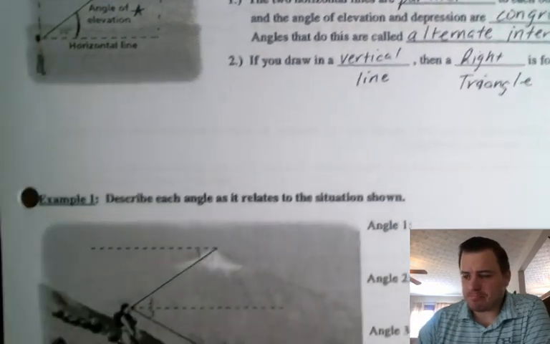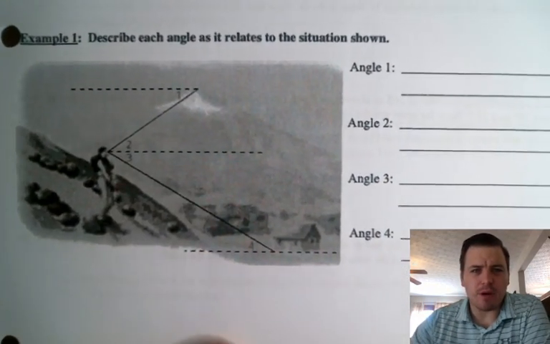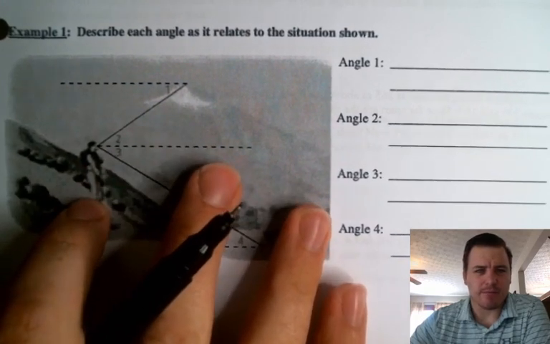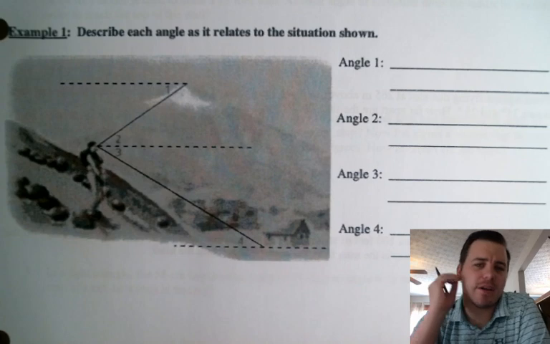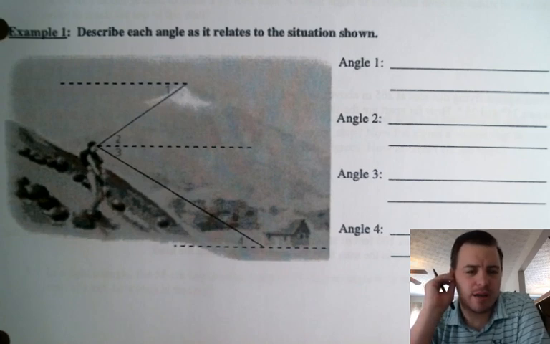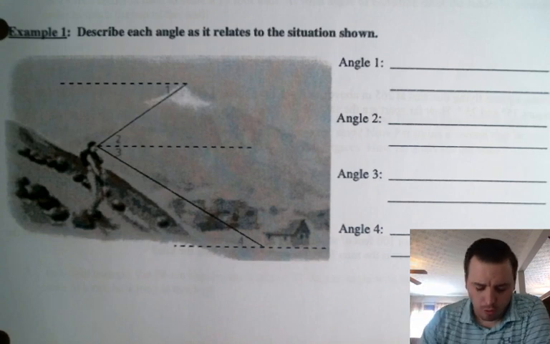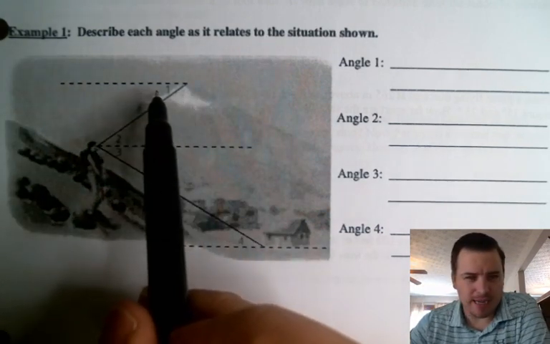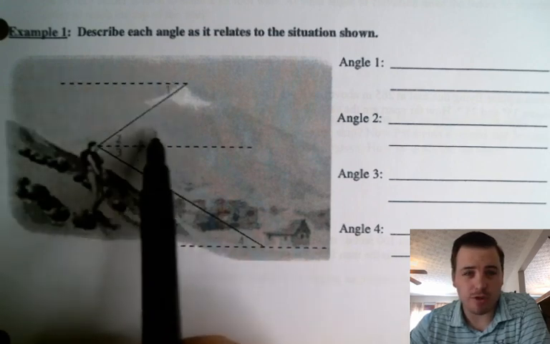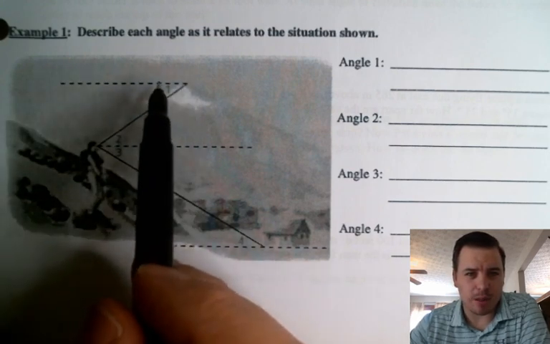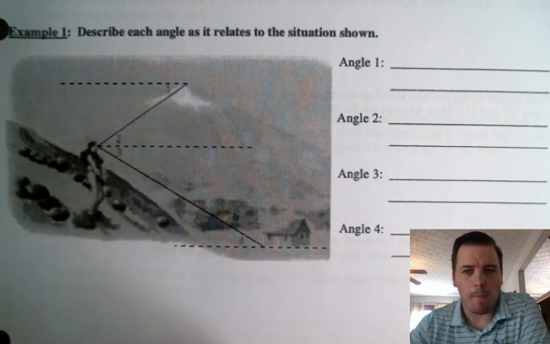Now, looking at this first example right here, let's identify what angle is what and what it associates with. So what would angle 1 be? Somebody type it into the chat box. We have two horizontal lines, and it's below the horizontal line.